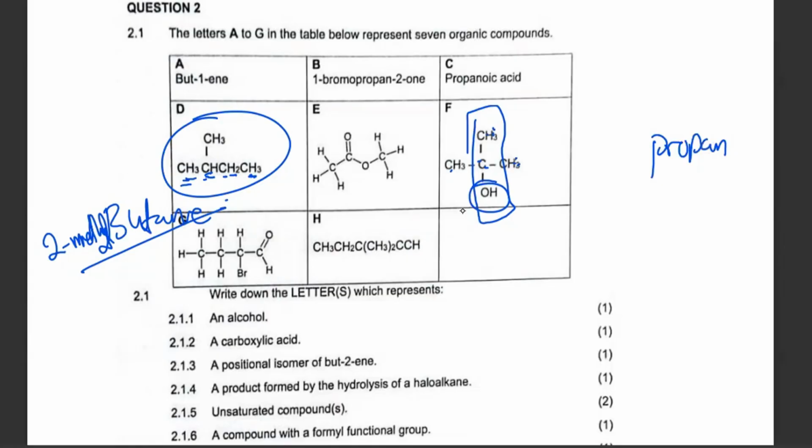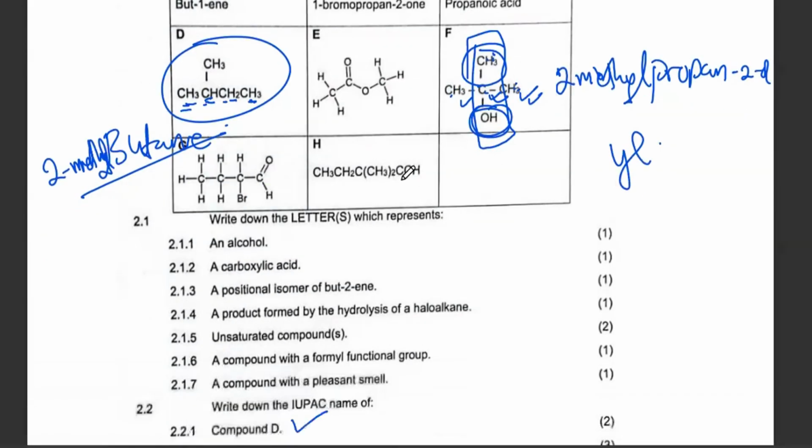But remember, the functional group is on carbon atom number 2. So it's going to be propan-2-ol. We counted this, and this, so it has a side group. So it's going to be 2-methylpropan-2-ol. Remember, we add YL if it is a side group.